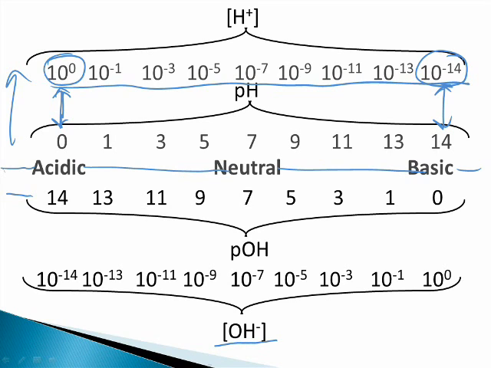If we have a high concentration of hydroxide ions, we're going to have a very low pOH number. So these are pOH numbers. If we have a low concentration of hydroxide ion, we're going to have a high pOH. So the pOH and pH scales are basically reversed from each other.